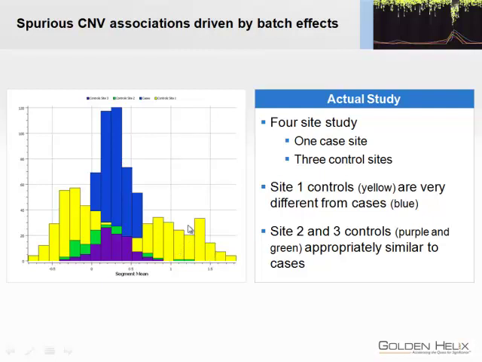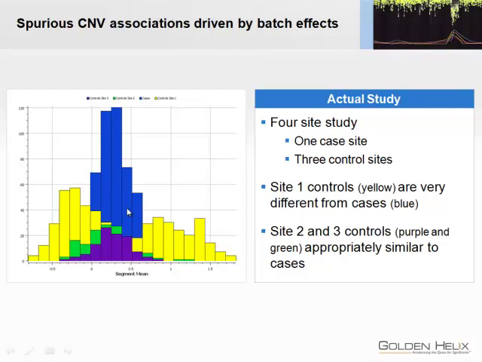You see the cases are centered here, and there's this bimodal kind of distribution for controls. If we were to conclude, aha, there's some biological difference here, there would have been egg on our face, because if we hadn't run these 2 other controls that actually ended up having the same mean as the cases, we wouldn't have suspected this batch from site 1 in yellow as being different.